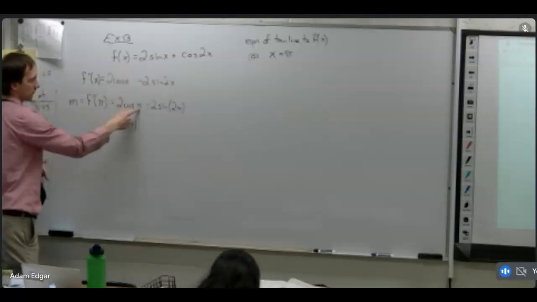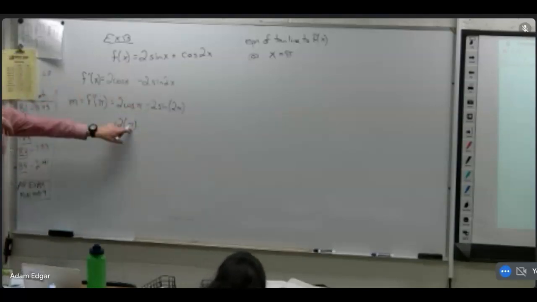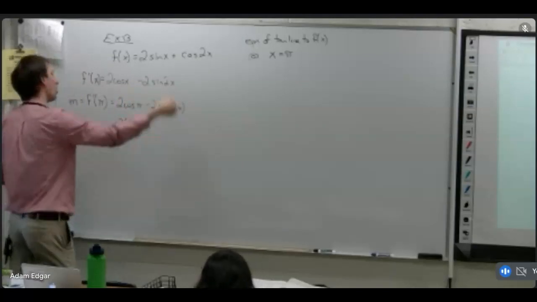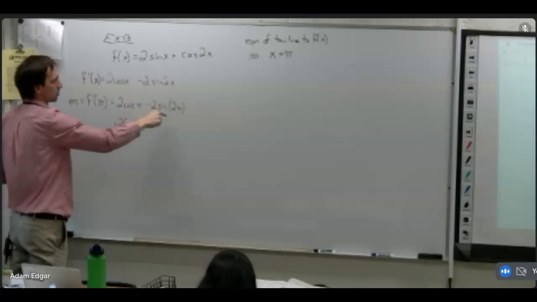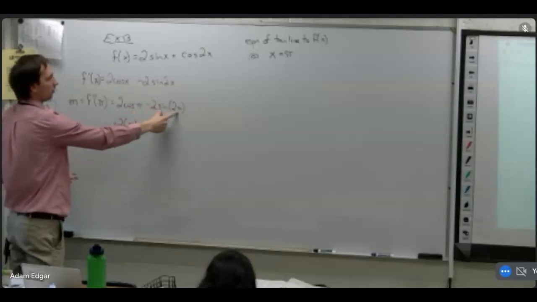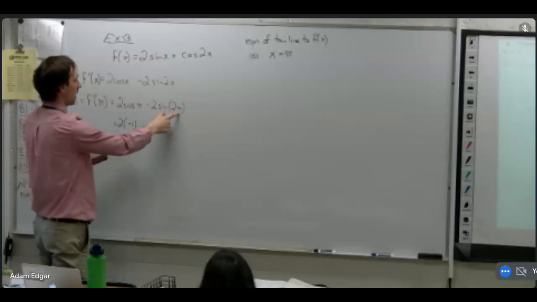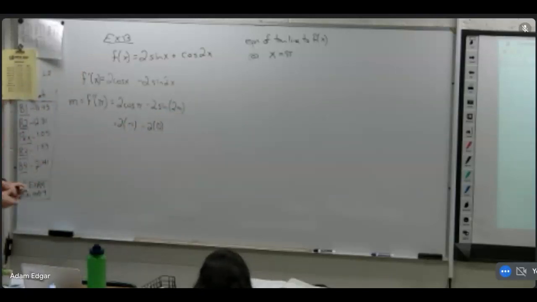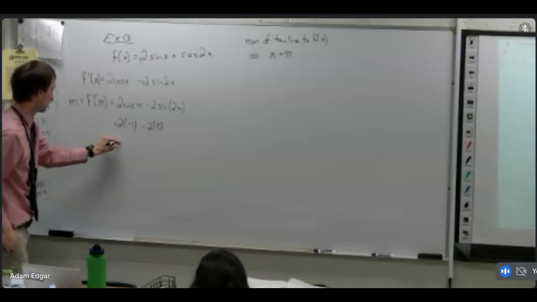That's halfway around. You're on the left side, so cosine is negative 1. Sine of 2 pi, this is all the way around the unit circle once. You're back where you started, so this is the same as sine of 0. So what's sine of 2 pi? 0, because sine of 0 is 0. Same thing. And so our slope is negative 2.